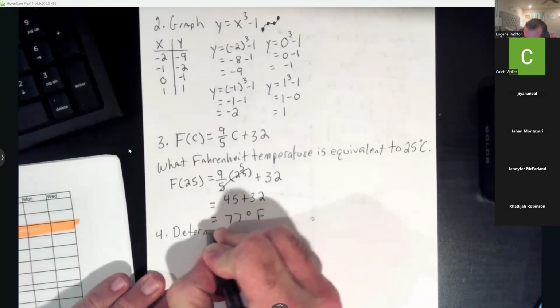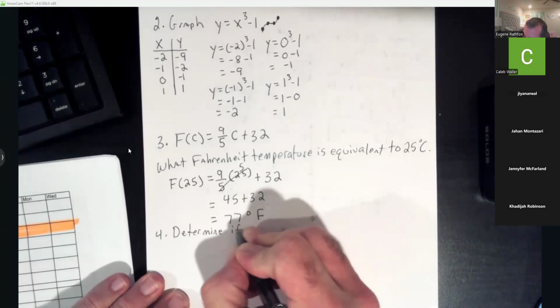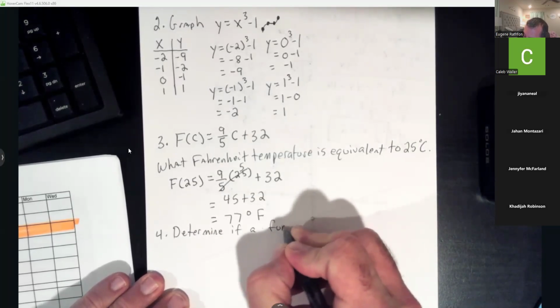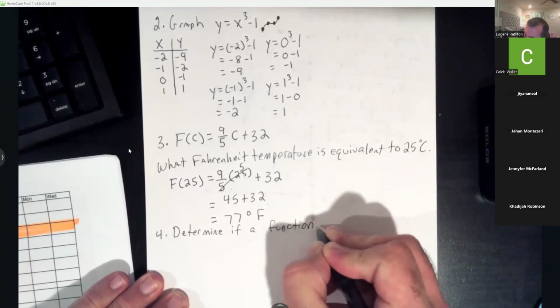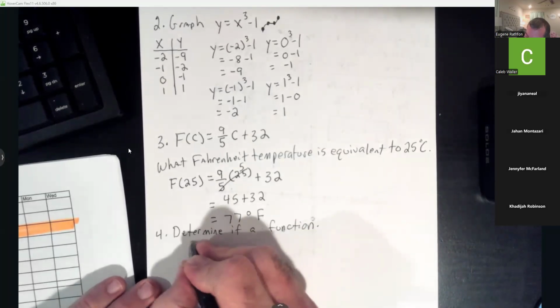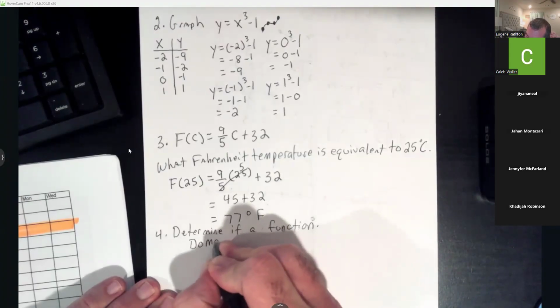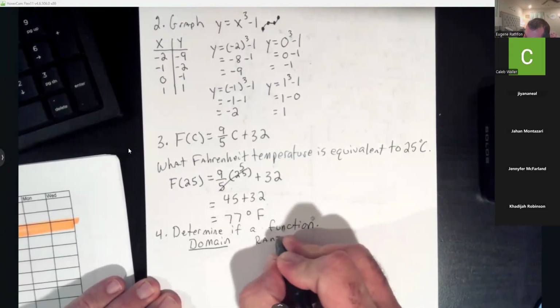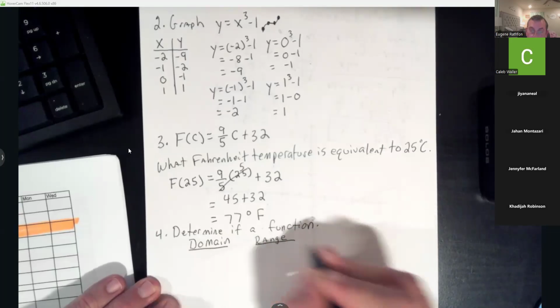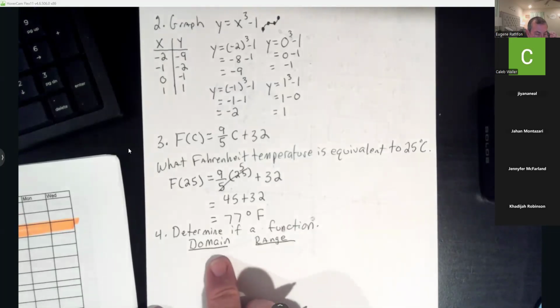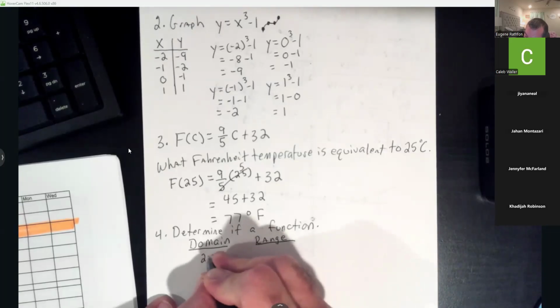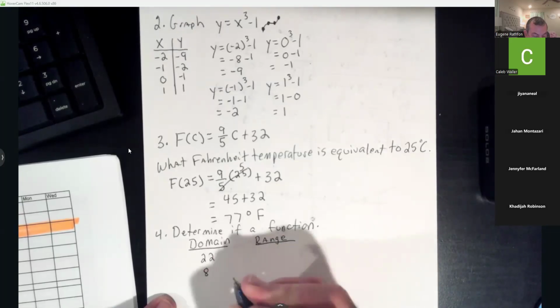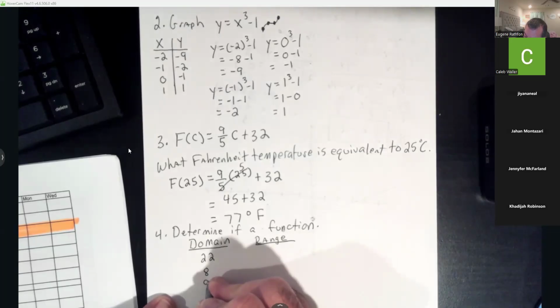All right, you're going to determine if a relation is a function. So they're giving me a domain and a range. For my domain, they're giving me 22, 8, and 9.